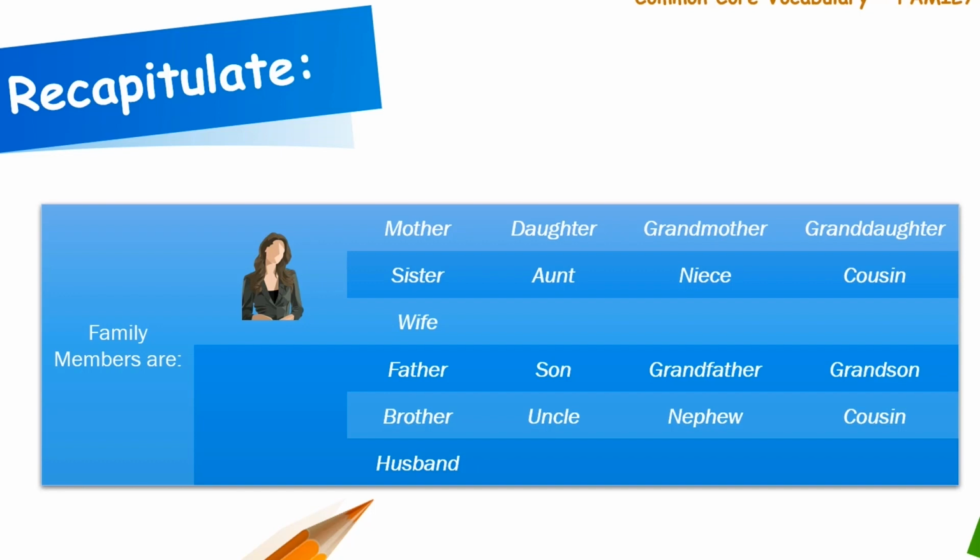So this is the list of family members who are female. On the other side, when you are talking about male, we have father, son, grandfather, grandson, brother, uncle, nephew, cousin, and husband.